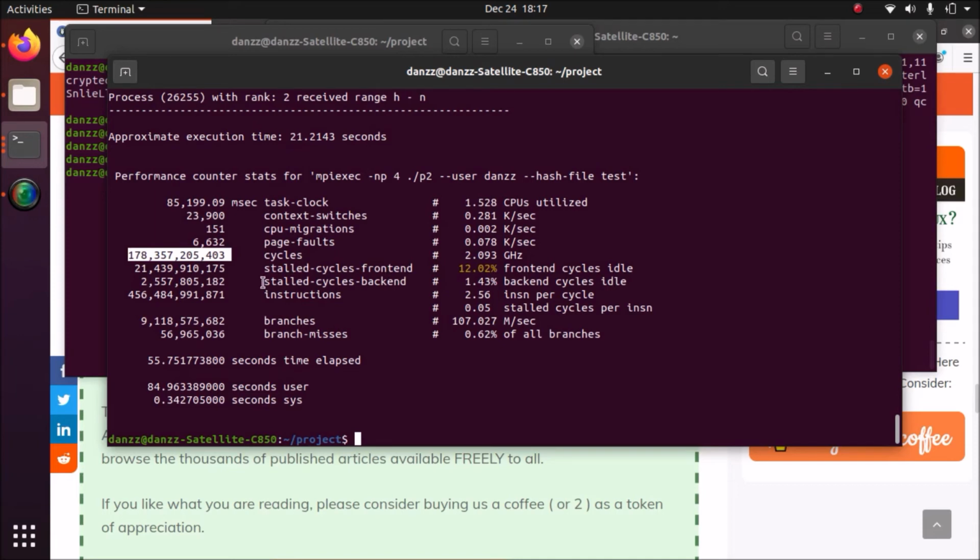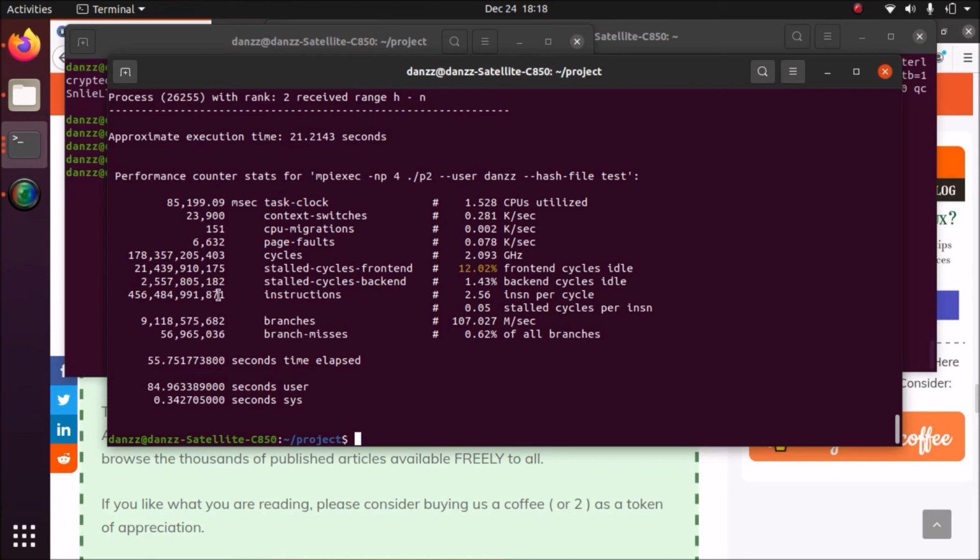These are the pipeline stalls that occurred during the execution. And you can see it provides us with a crucial statistic, that is stalled cycles per instruction. There were 0.05 stalled cycles per instruction. For each instruction there were about 0.05 stalls.